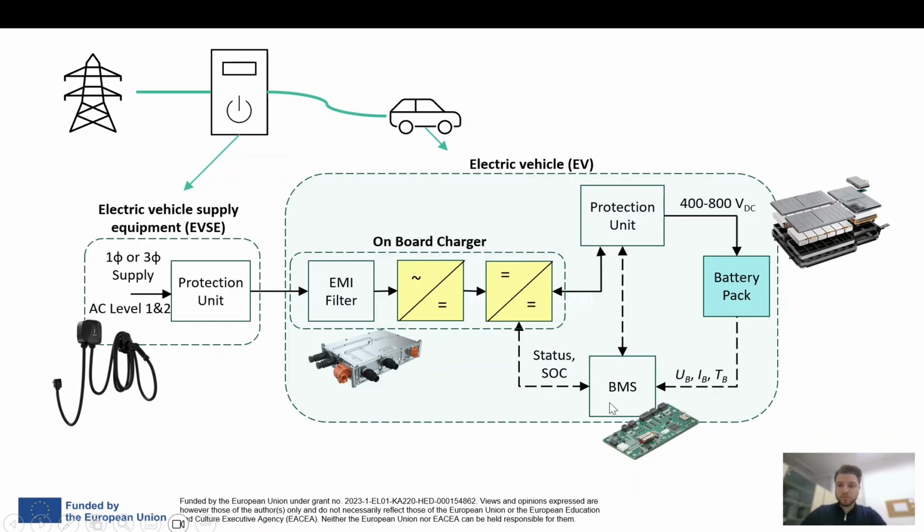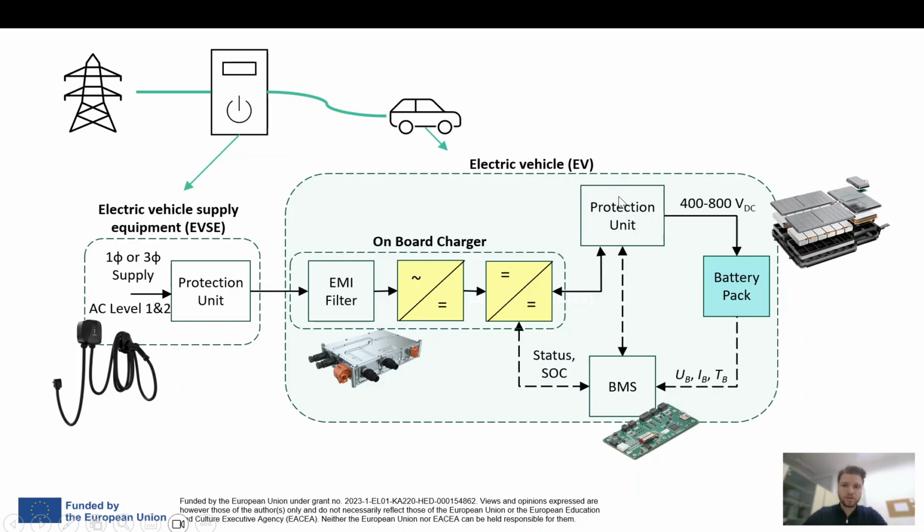But also, the battery management system is responsible for protecting the battery from unwanted situations such as overvoltage of individual cells. And to avoid overvoltage, it may equalize the voltage across different cells in the battery. But also, if there is significant overvoltage, it may open this protection unit.